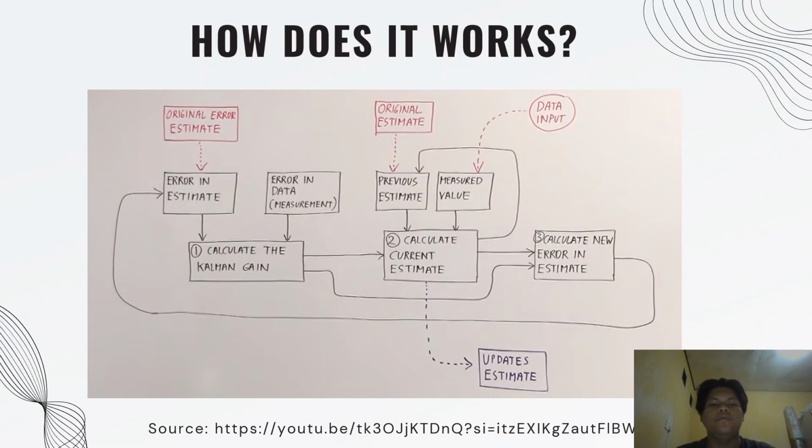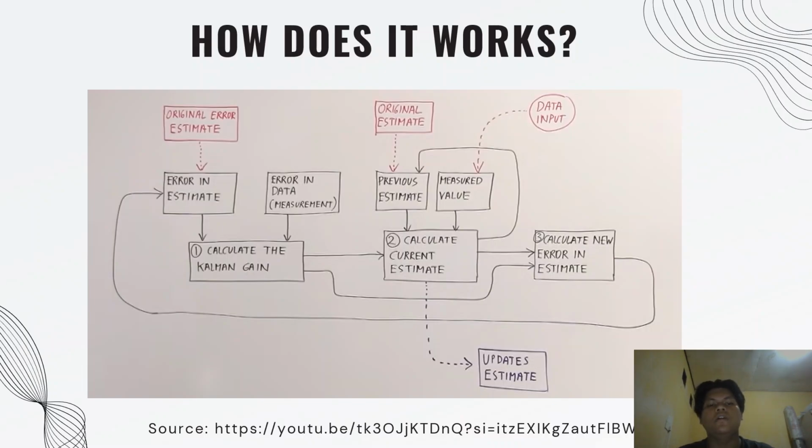The output will be used for the next iteration, replacing the error in estimate value that we initialized the first time. So we don't use the first initial value; we use the output from equation number 3 for the next iteration.